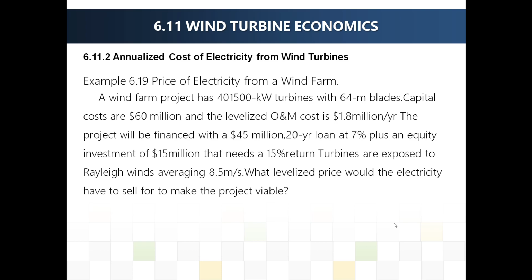The project will be financed with a $45 million 20-year loan at 7% plus an equity investment of $15 million that needs a 15% return. Turbines are exposed to an average wind speed of 8.5 meters per second. What levelized price would the electricity have to sell for to make the project viable?